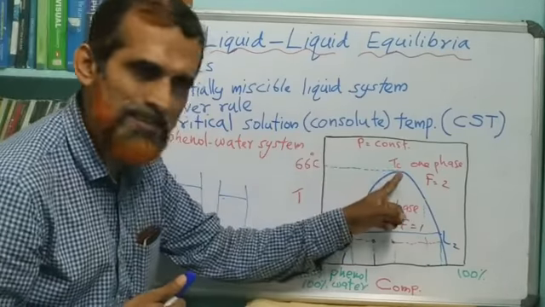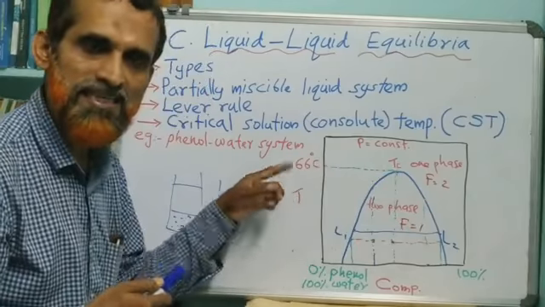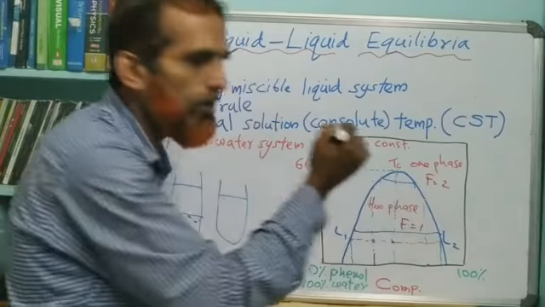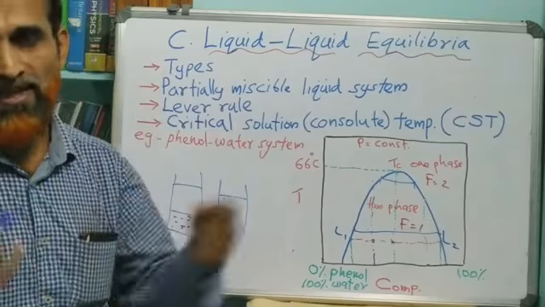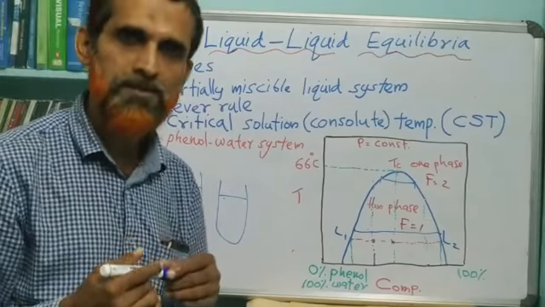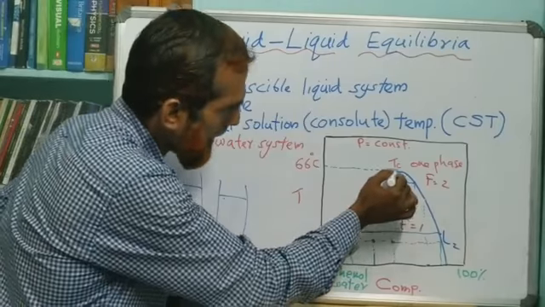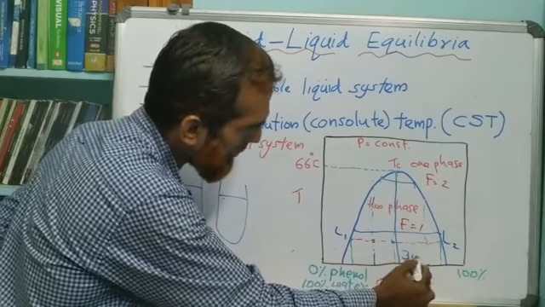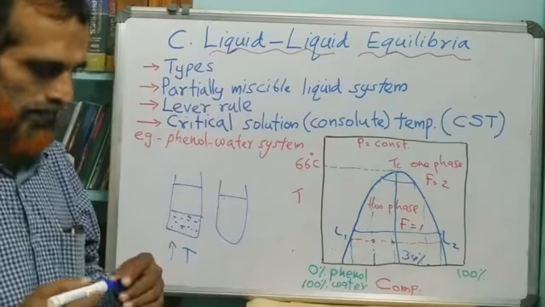For the phenol water system, the temperature is 60 degrees Celsius. For any temperature below this, you have a tie line, with two layers, two phases with different compositions. The composition corresponding to this CST is found to be 34% phenol, right?